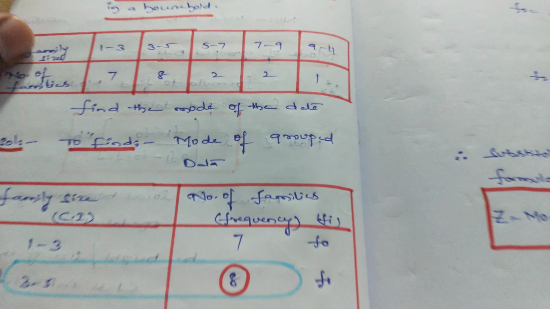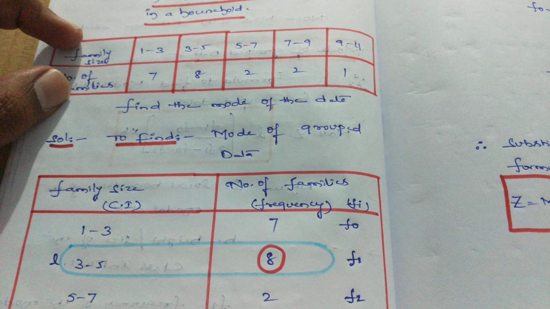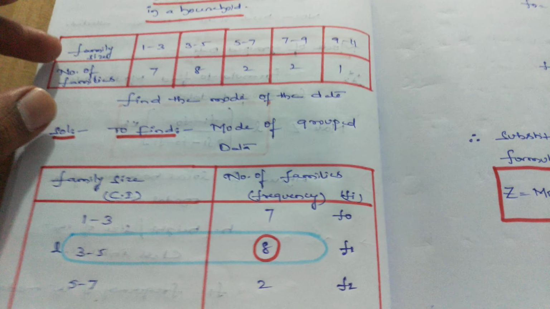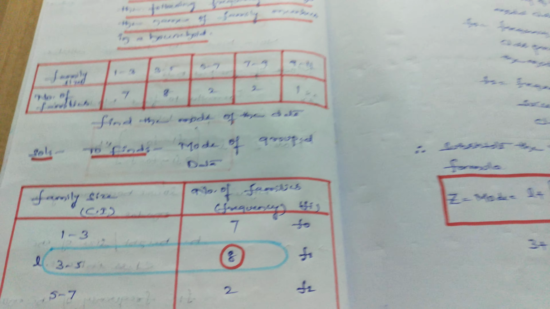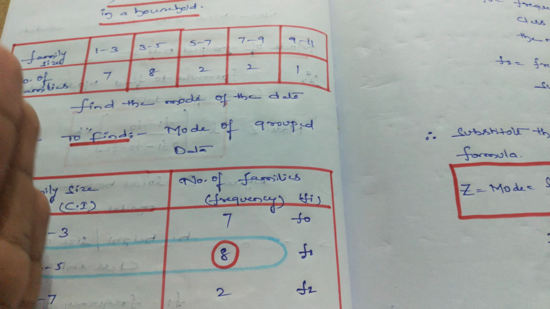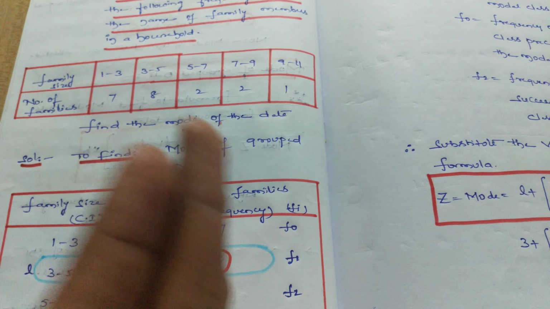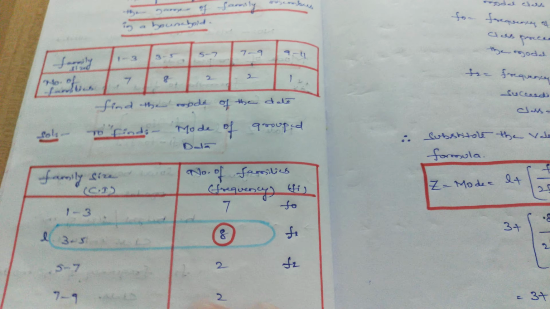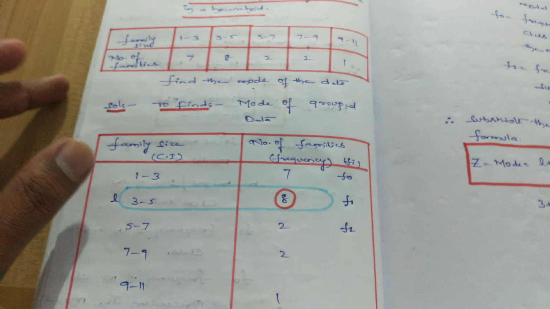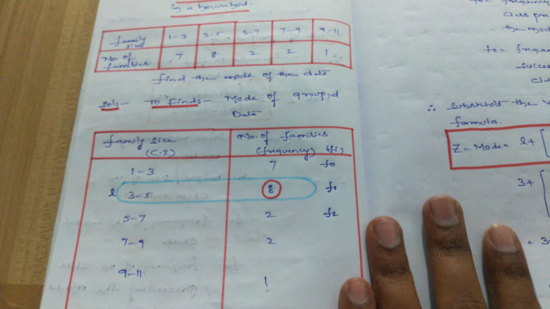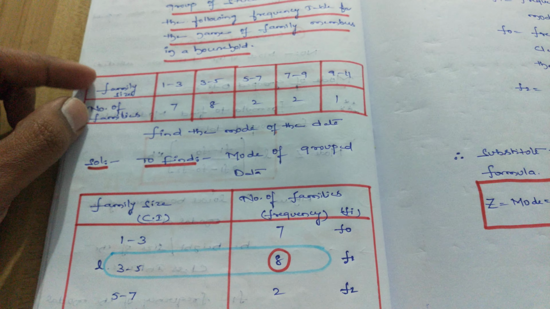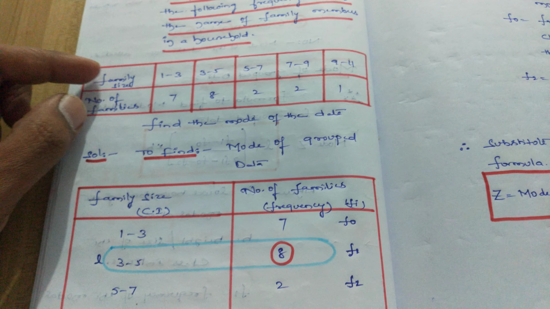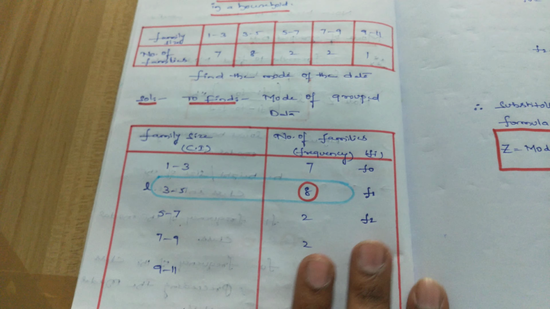We saw how many columns are needed for each method. But coming to mode, students, we need no extra column. Whatever data is given with the class interval and frequency, we take as it is.